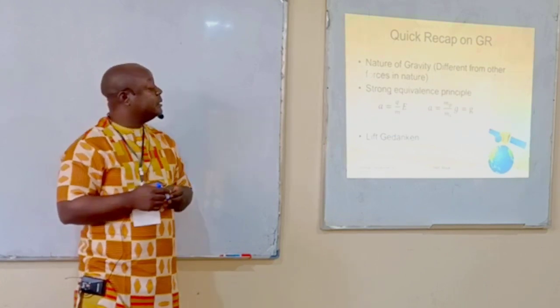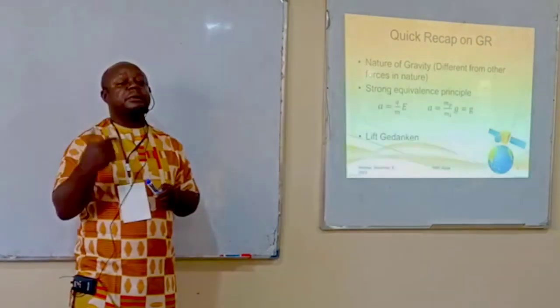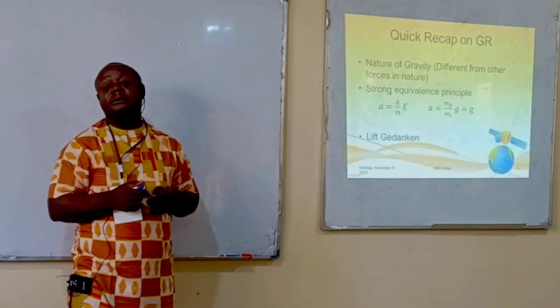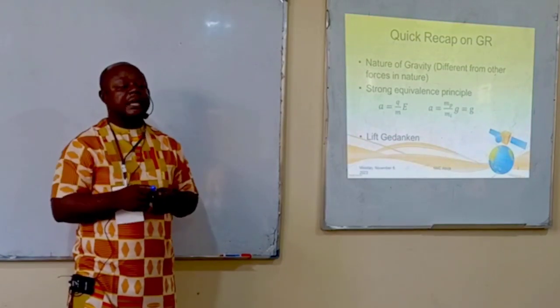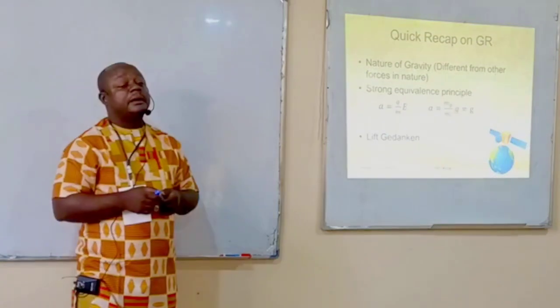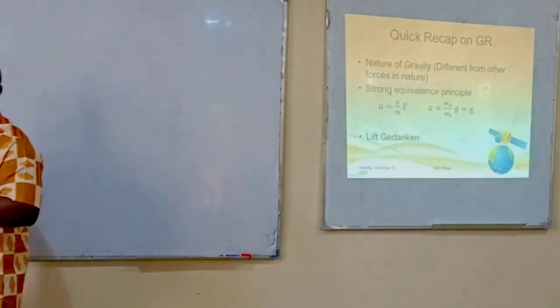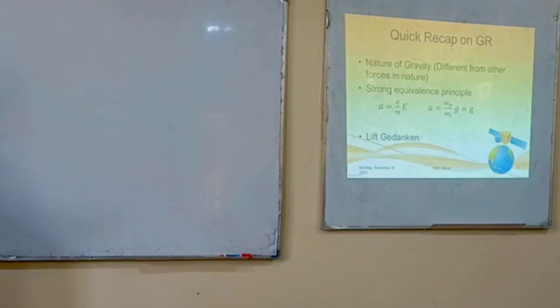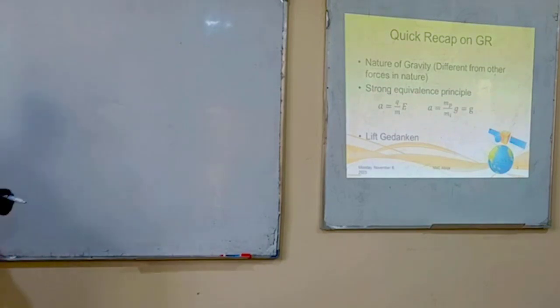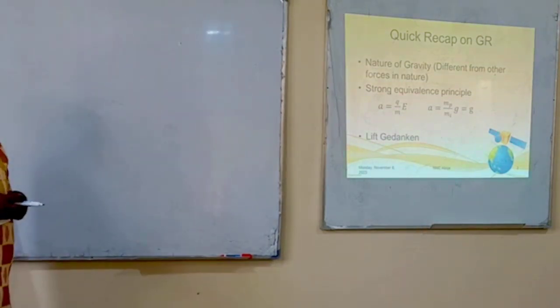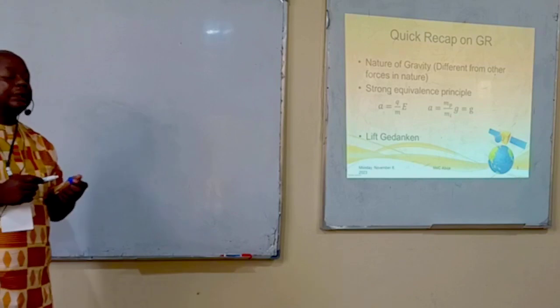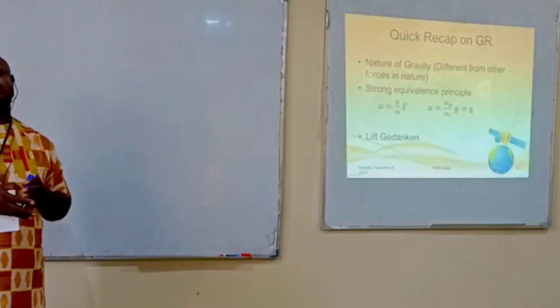And the issue started with Maxwell's equations. When Maxwell's equations came on board, Einstein thought that he could also formulate gravitation the same way electromagnetism is formulated, using Maxwell's equations. But he tried that and it failed. So he said gravitation should be a force with a difference.